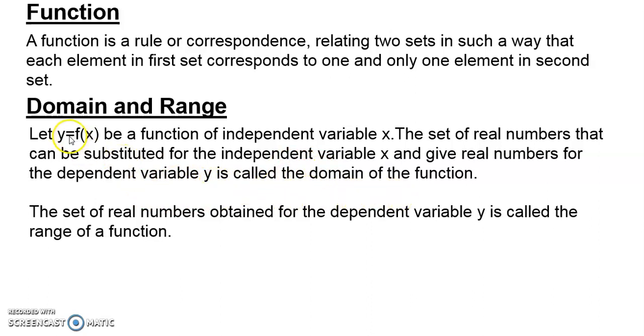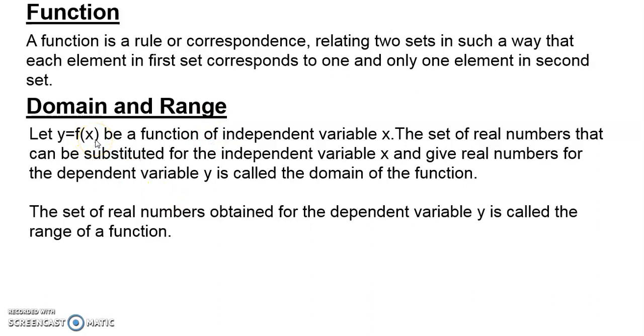Now here, f of x is your function, y is your range, and x is your domain. The values of y depend upon the values of x. So we can say that x is an independent variable and y is the dependent variable. There is another name for domain and range as well.